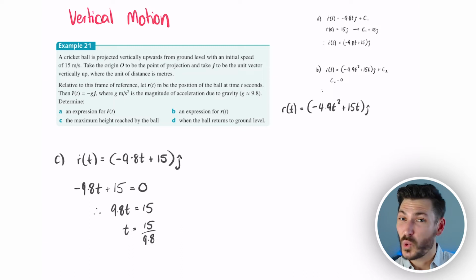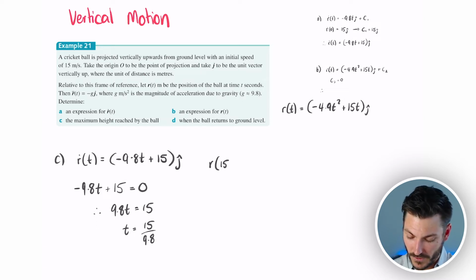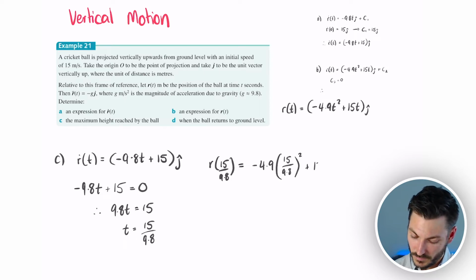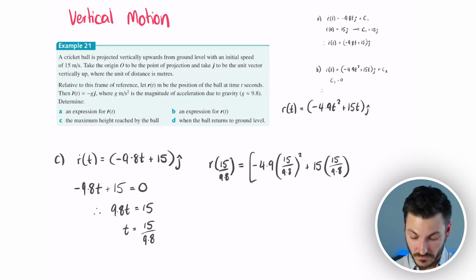So keep in mind that's when the particle is at its maximum height. Now I just need to find where by subbing it back into the position particle formula. So we get r of 15 over 9.8 equals minus 4.9 times 15 over 9.8 all squared, plus 15 lots of 15 over 9.8 in the j direction, of course.